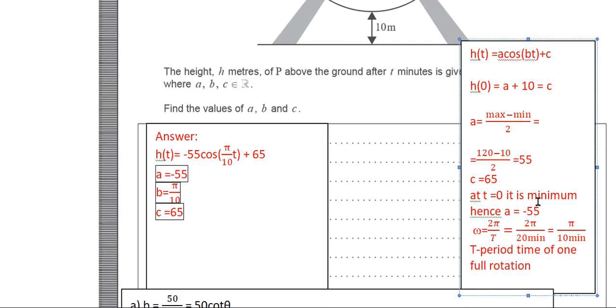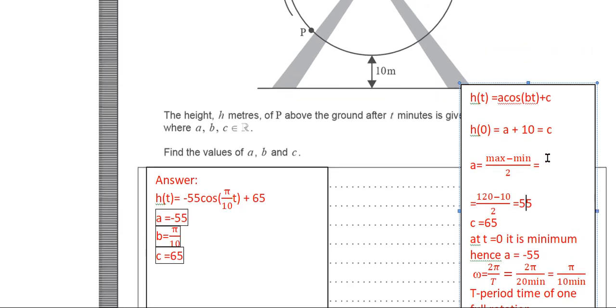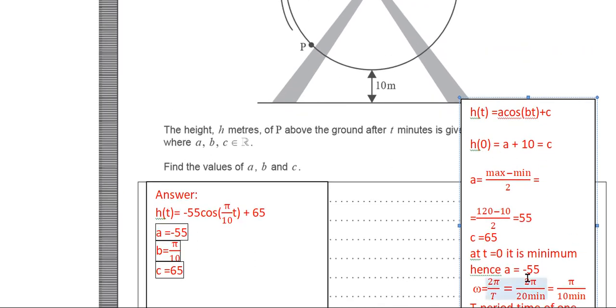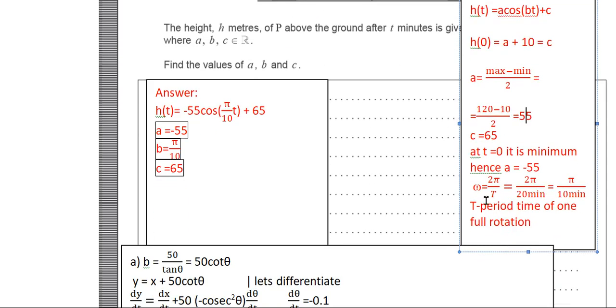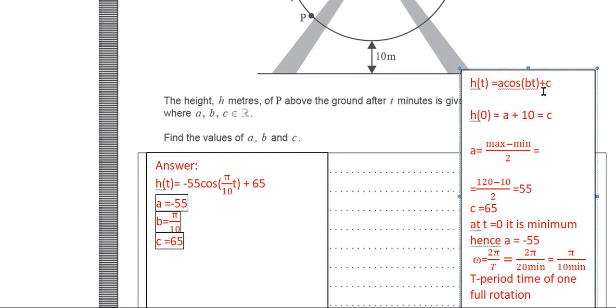At time 0, the height is minimum, so it is minus 55. Period is 20 minutes, so we can write that omega equals 2 pi over capital T, so simplify. Right, so this was the general formula, and this is the result.